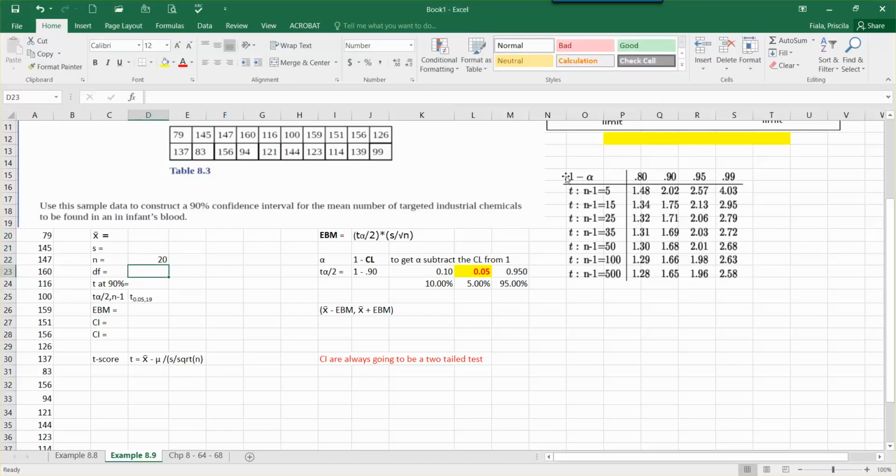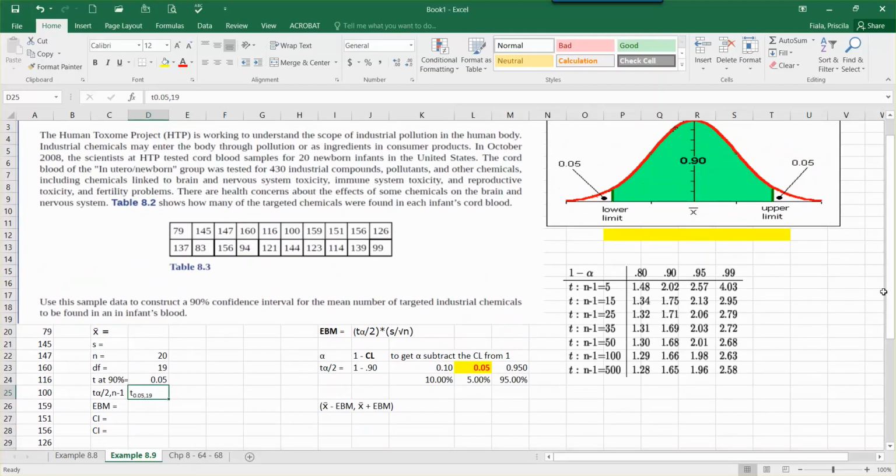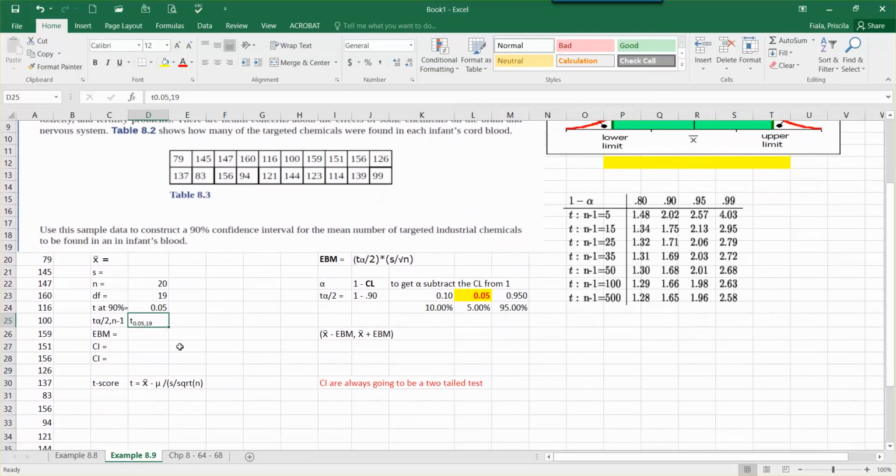We know the degrees of freedom is 20 minus 1, so it's 19. And we know that t at 90% is going to be the 0.05, 5%, correct? Then for the error bound margin, we're going to use this formula, which first requires getting this value from the T distribution table.